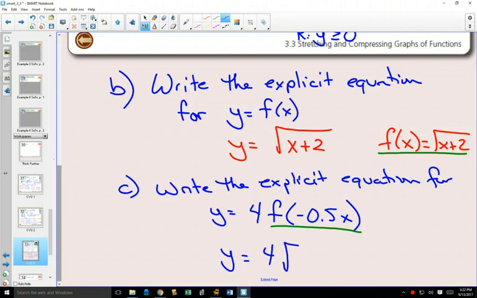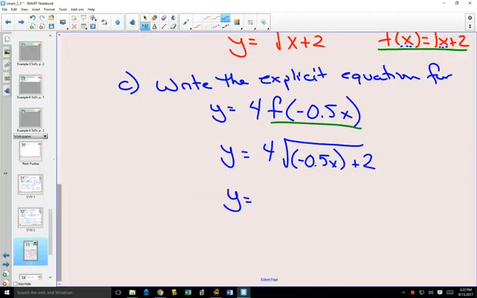And then square root, and where the x is, we replace that with negative 0.5x, and then we still have plus 2. So if you wanted to get rid of the brackets now, you could. And that would be the equation of that blue graph.